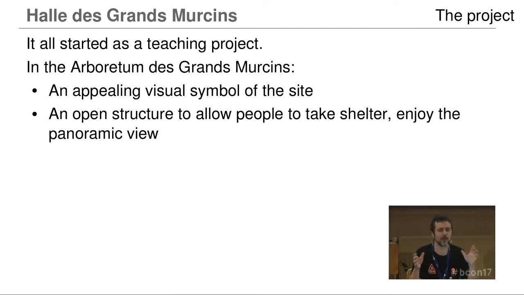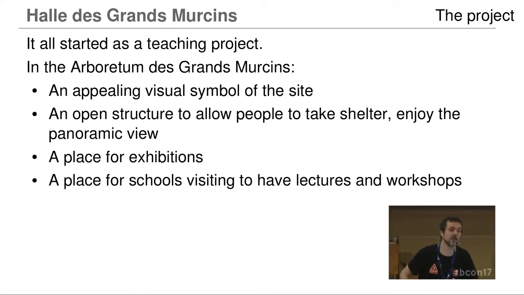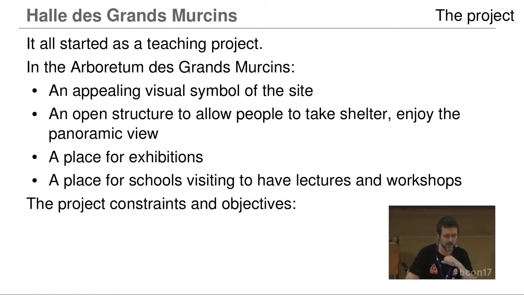It was supposed to allow people coming to take a walk, to enjoy the panoramic view, sheltered from the wind and the rain. It's supposed to receive some exhibitions once in a while. And there are a lot of schools visiting the place to discover the trees. So it was made to be big enough to receive one complete class and have the space for the teacher to explain things.